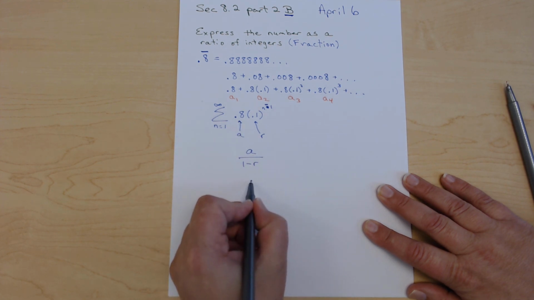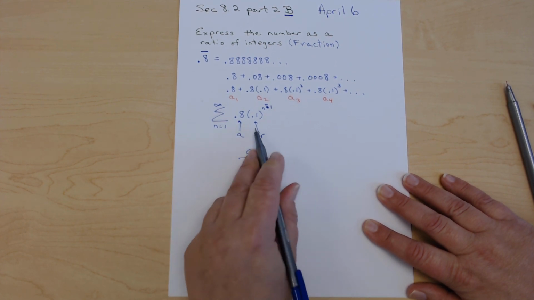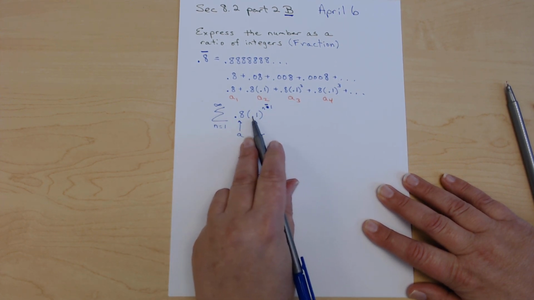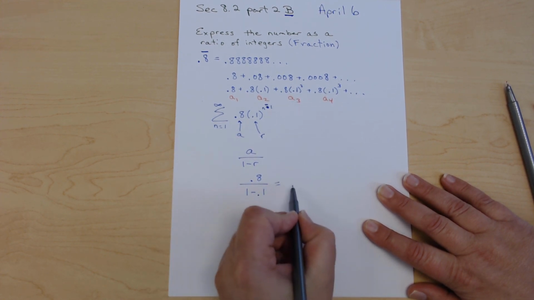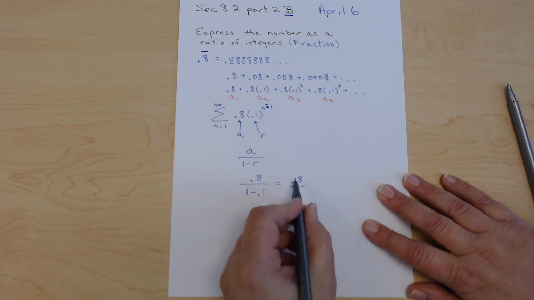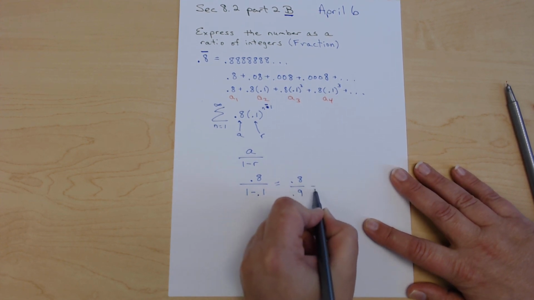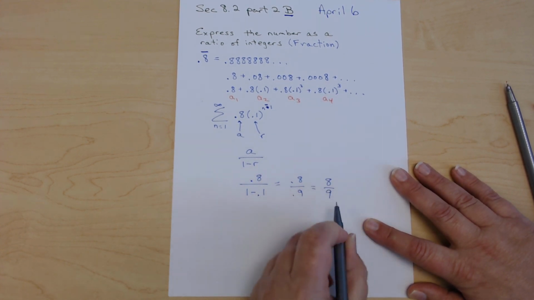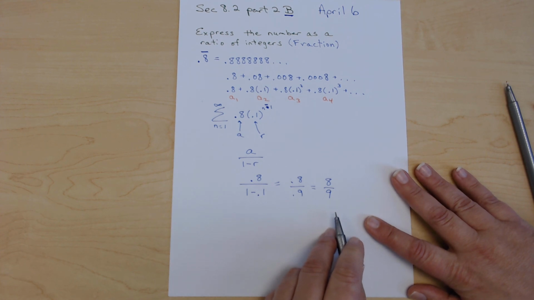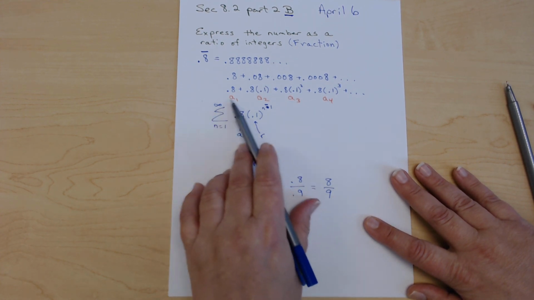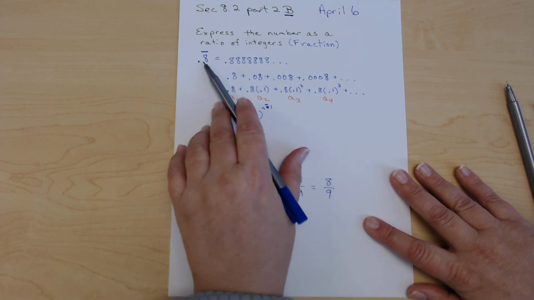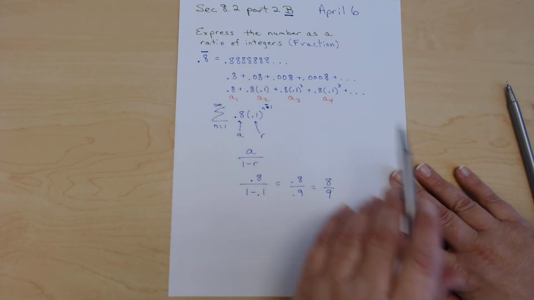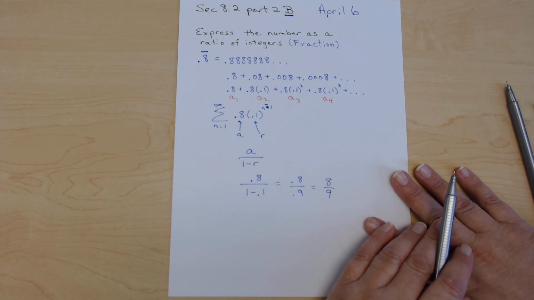So a is 0.8, and then r, so 1 minus 0.1. So what does that give us? 0.8 over 0.9, which takes us to 8/9. Okay. So here we're just kind of using this geometric sequence, and guess what? If you do 8 divided by 9, you better get 0.8 repeating. Okay. All right, let's try another one.